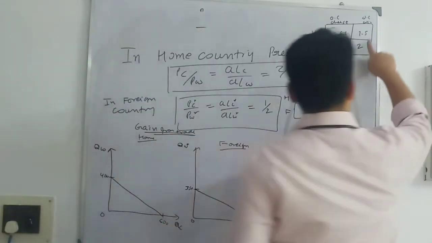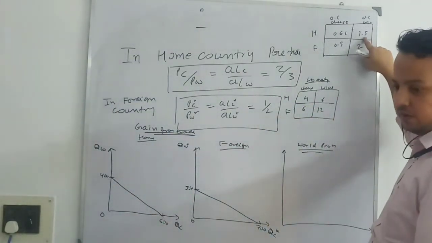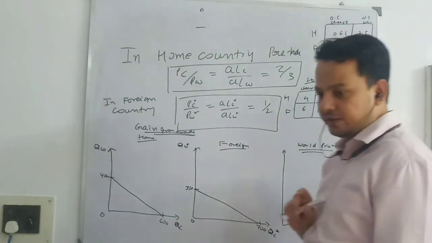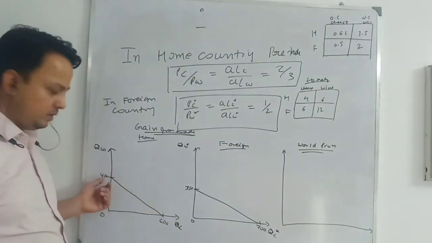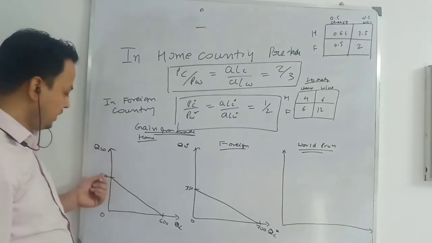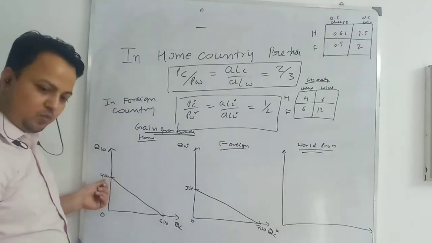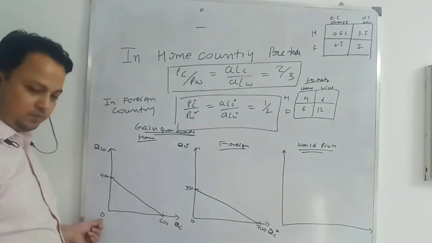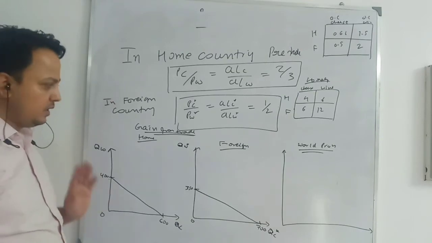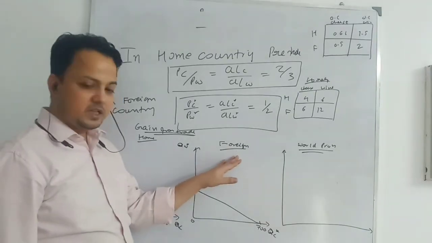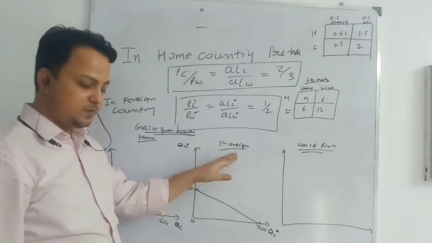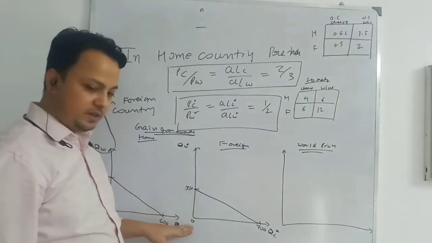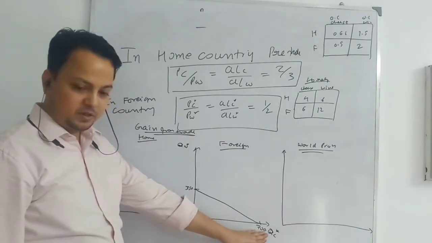Now, home country has comparative advantage in the production of wine. Look at this table. I have just given you the statement that if home country is specialized in the production of wine and devotes its entire resource, it will be producing how much? 400 units of wine and 0 units of cheese. Similarly, if trade is taking place and foreign country is specialized, it is producing 0 units of wine; how many units of cheese can it produce? 700 units.